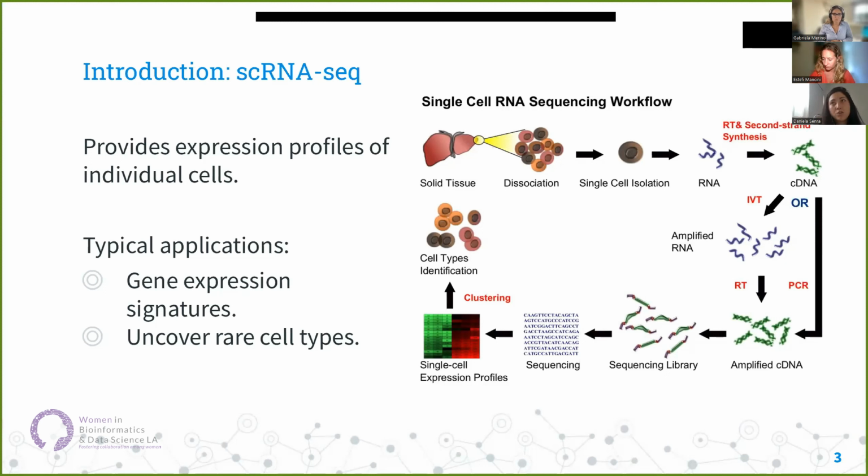Genes are usually located as rows and cells as columns. There are many typical applications for this data, but some of them are obtaining gene expression signatures or uncovering rare cell types.